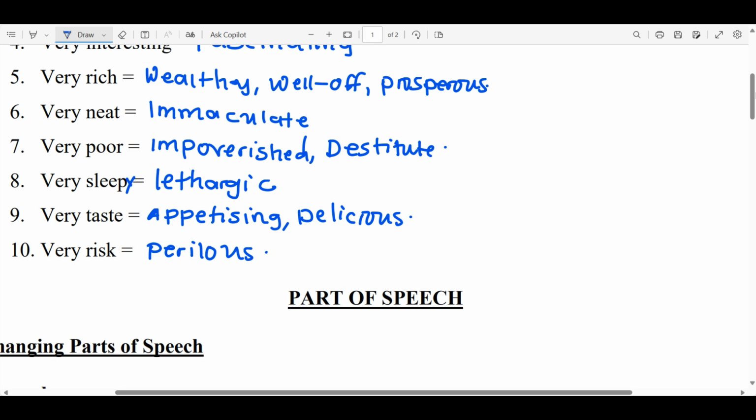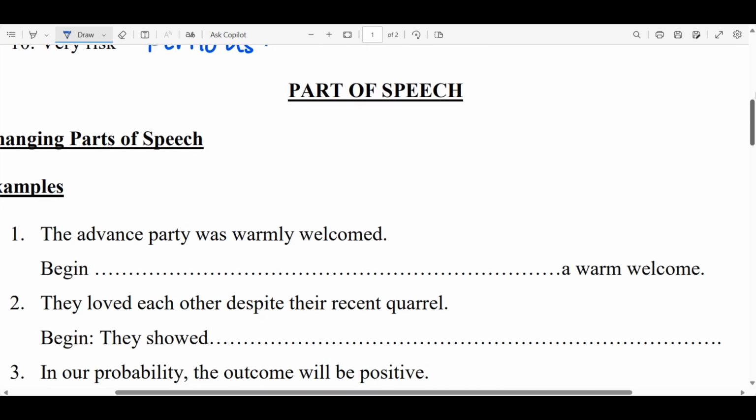Now, I'm not saying these are the only words. Like, for example, if we look at very neat, I'm not saying the only word that exists is immaculate. So you may encounter other advanced words that can be used the same as the ones that we have listed here. So I just want to add that list of advanced words to your life.